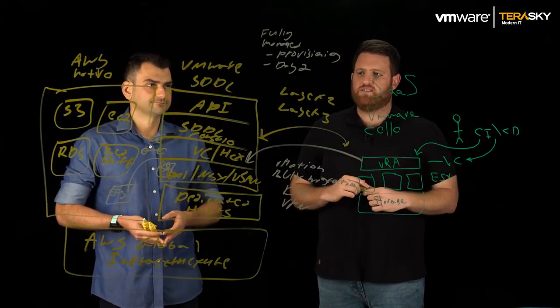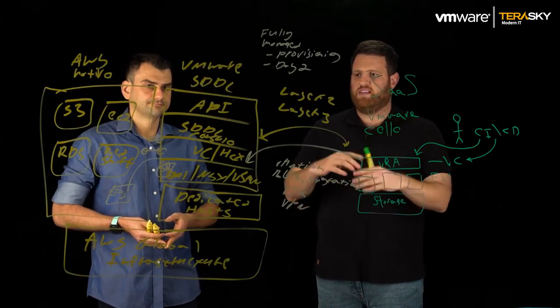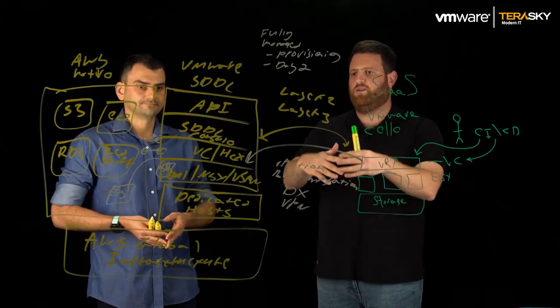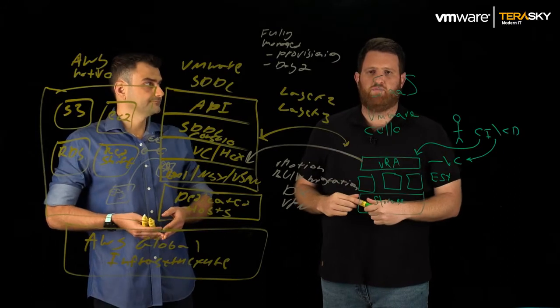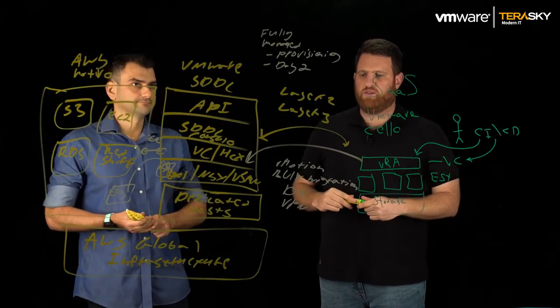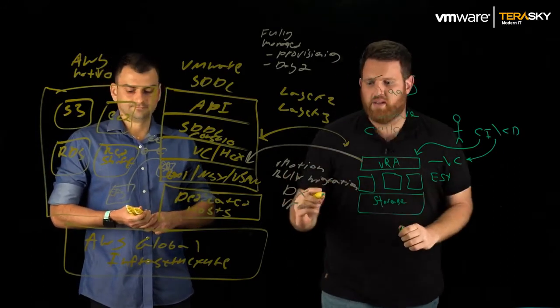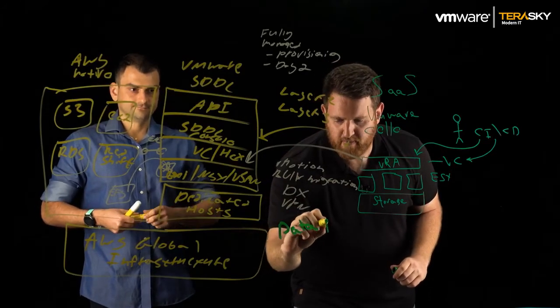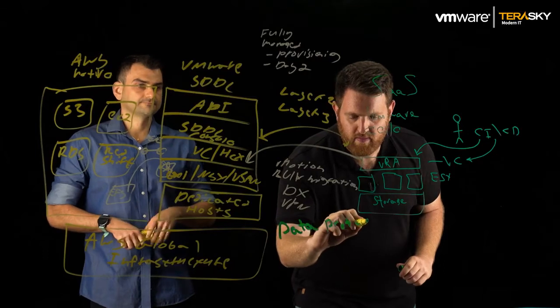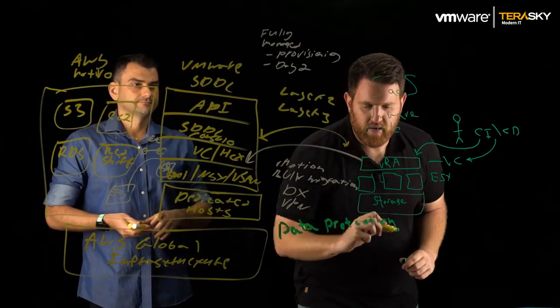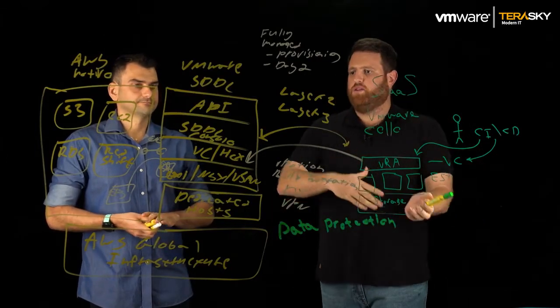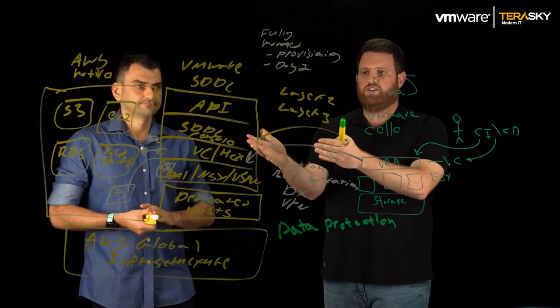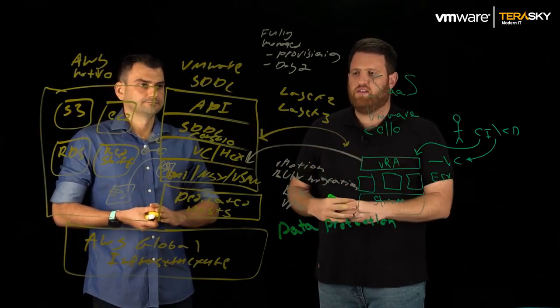But another challenge that arises here, beside the fact that we are moving to the cloud and we have all those new technologies and new approaches that we need to adopt, is how we do data protection. Now when you're moving your workloads to the cloud, your production workloads or test and dev, you still need to protect the data.